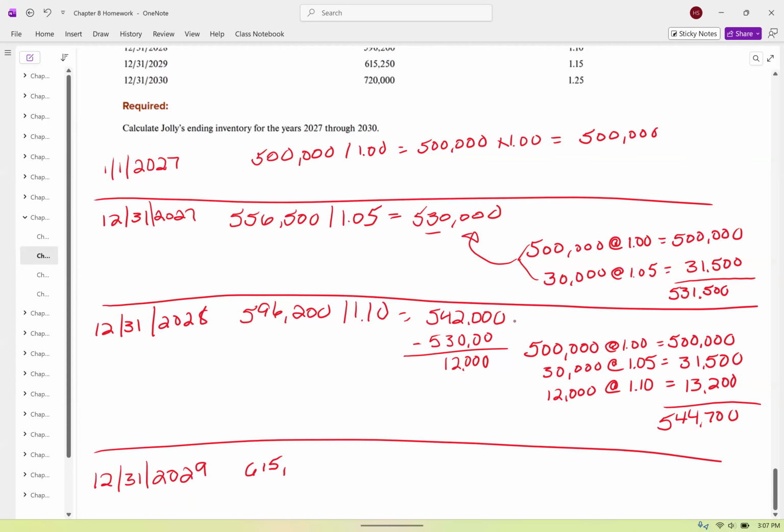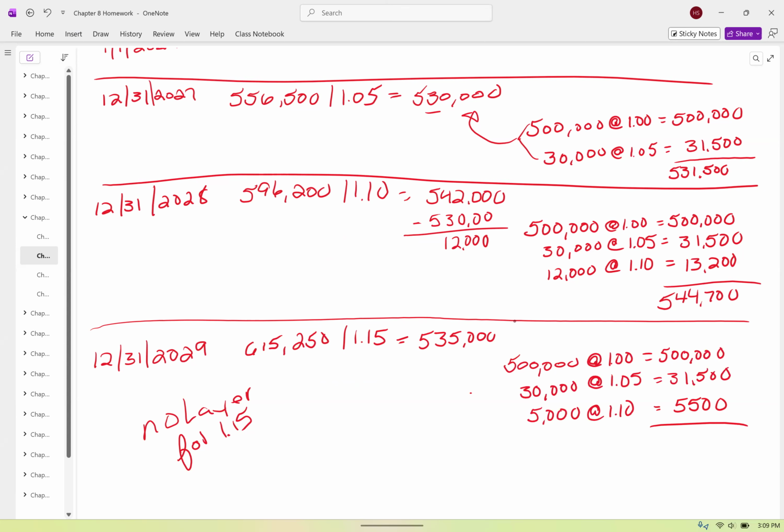So that last layer got eroded down from 12 down to 5, at the 1.10, which gives us 5,500. I'm going to add that to the 531,500, and we get a total of 537,000. We've got one more year to do in dollar value LIFO.